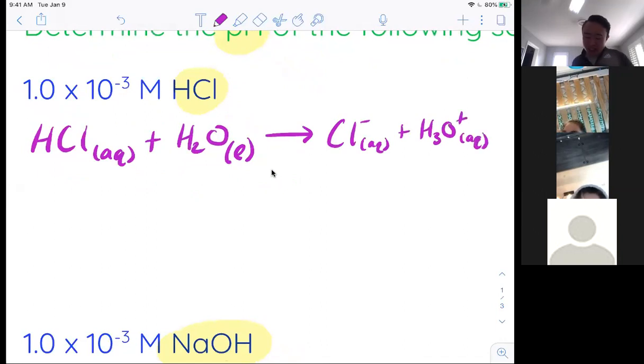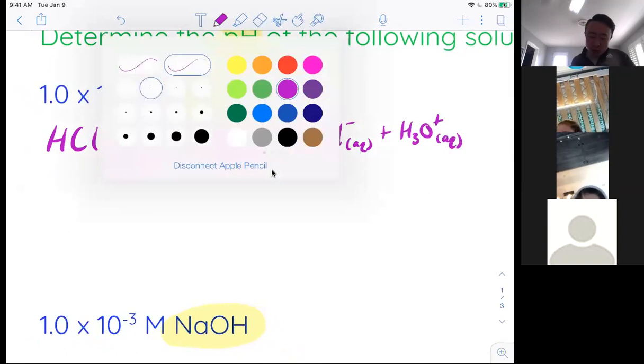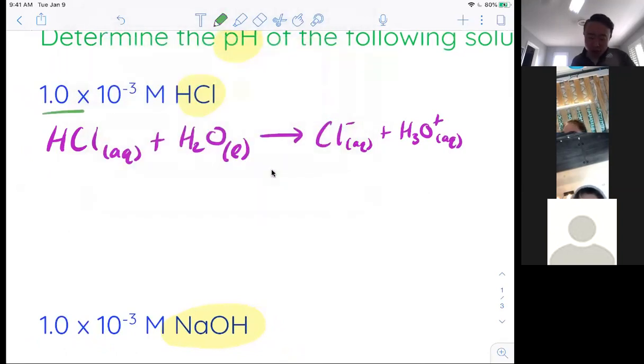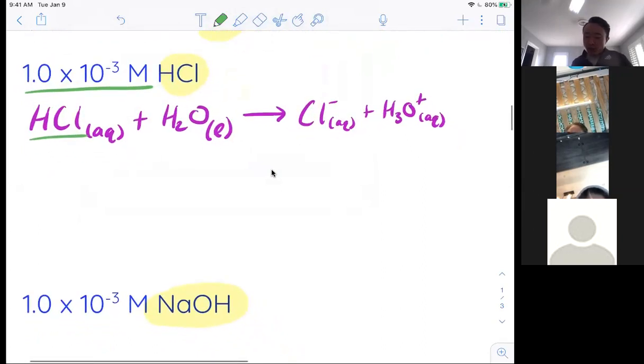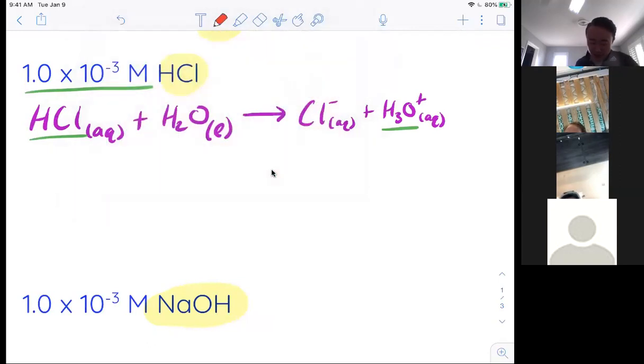And so what I can see here is that when I have the initial concentration of 1.0 times 10 to the negative third molar of the HCl in the beginning, that makes a 1-to-1 ratio with the H3O plus ion concentration in solution. So to find the actual pH value, all I've got to do is take the negative log of the concentration of HCl. I'm going to write this down below here.